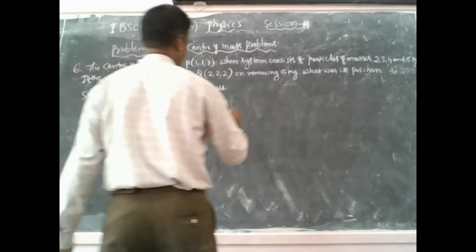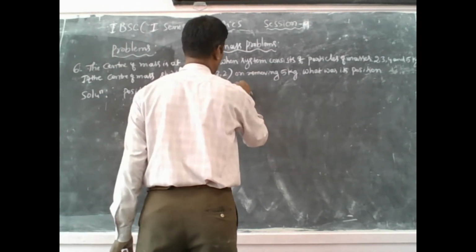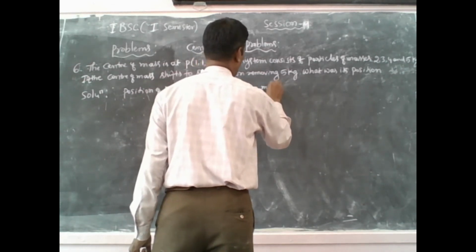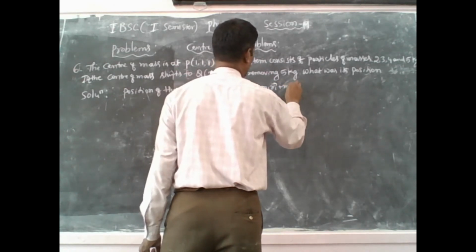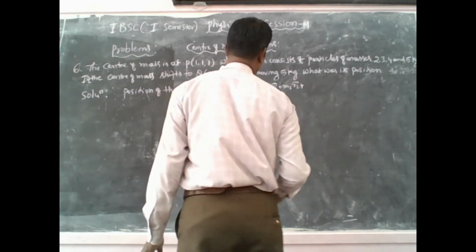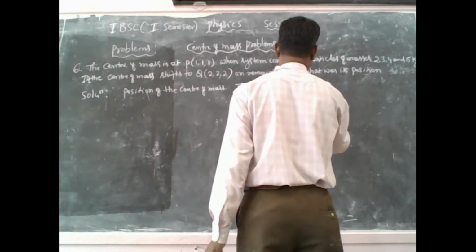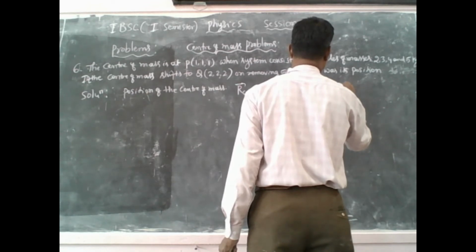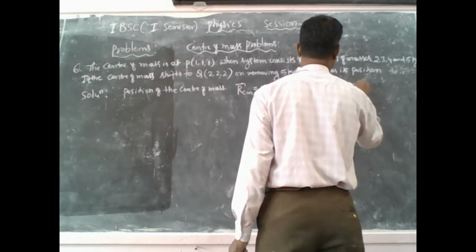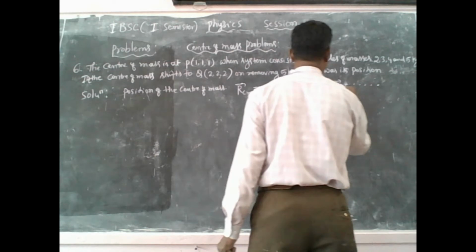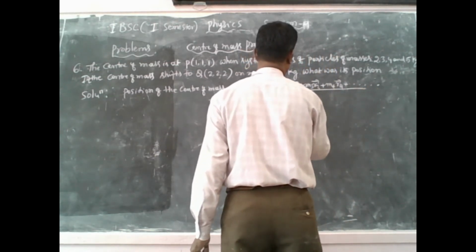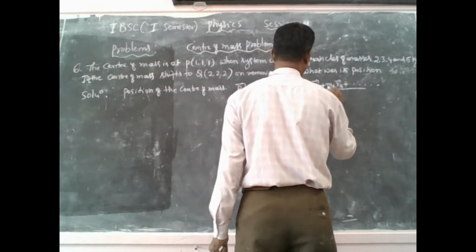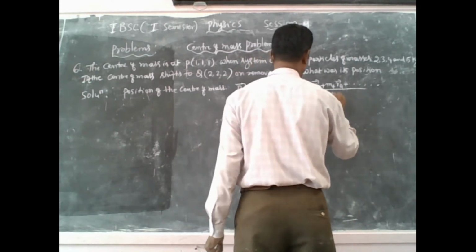RCM equals M1 R1 plus M2 R2 plus M3 R3 plus M4 R4 etc., divided by the total mass M1 plus M2 plus M3 plus M4.